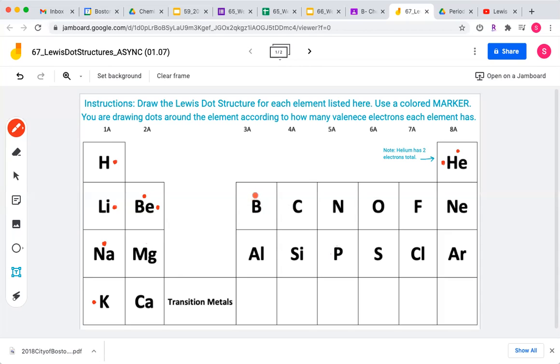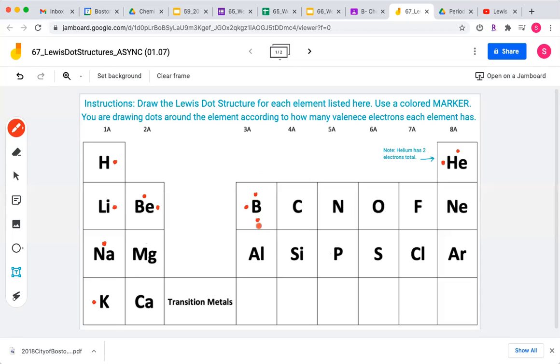And we have our 3A elements. Boron has 3 valence electrons. So I'm gonna draw 3 around boron. Notice how I go on like each side of the element. So remember when we did Bohr diagrams that we colored in the electrons on each side before we pair them up.